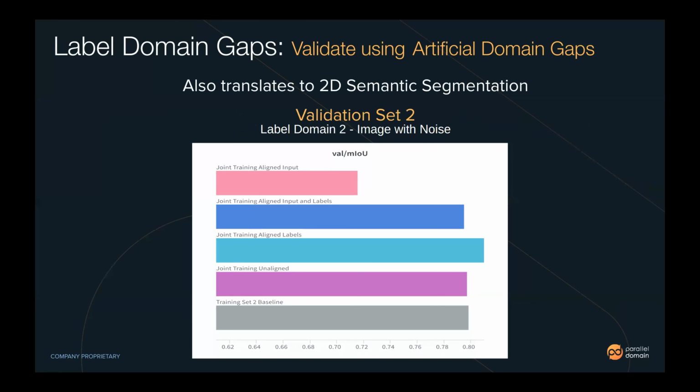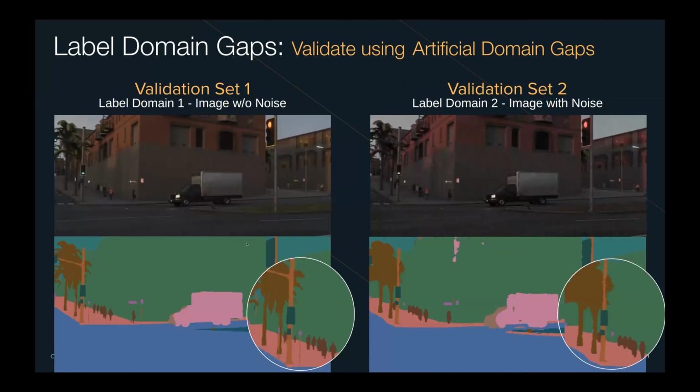Yeah, and this also holds true not just for bounding box detection, but also for segmentation. So you can see the same effect happening way more drastically. If you just align your input domains and not your label domains, your performance would drop almost half compared to your baseline. And you can also see this very nicely on the predictions again.